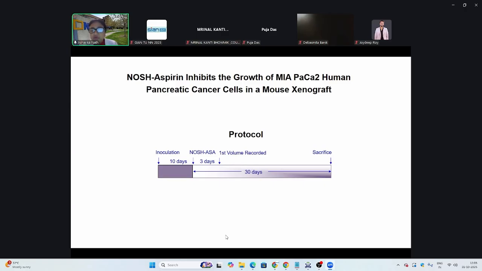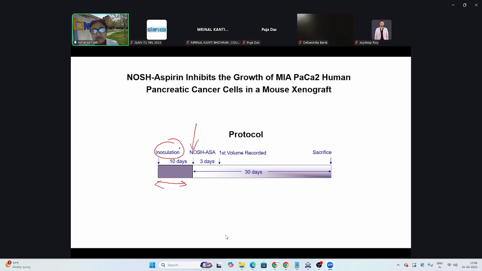Remember, I showed you that the xenograft models are just run for 30 days. And so this is a 30-day treatment where the cells, the pancreatic cells, are inoculated into the skin of the mice near the back leg. All right, they're injected in, and then for 10 days that tumor is allowed to grow. And so then the drug is fed.